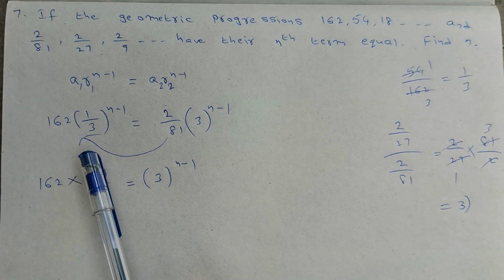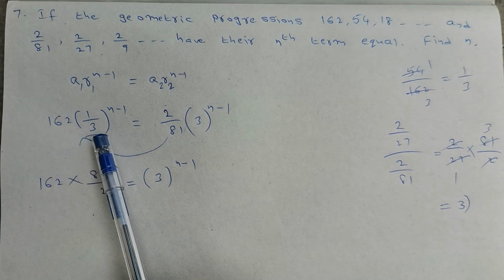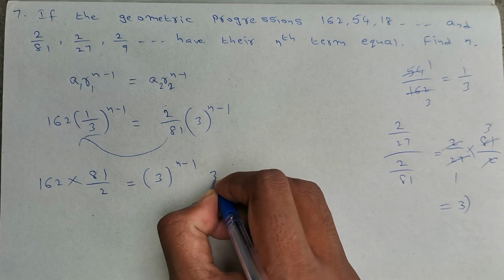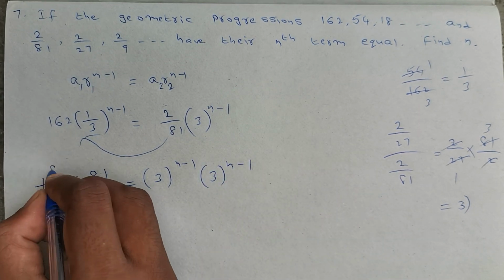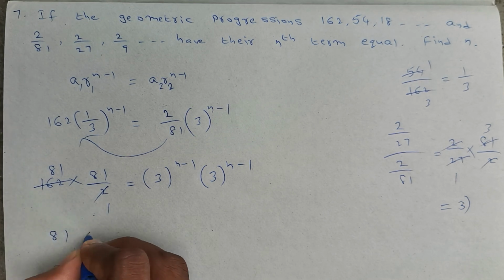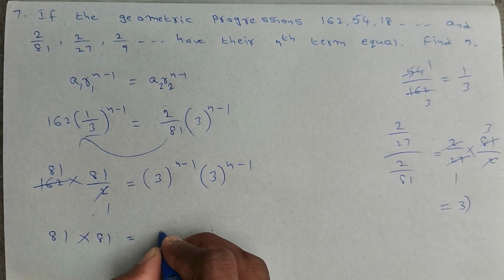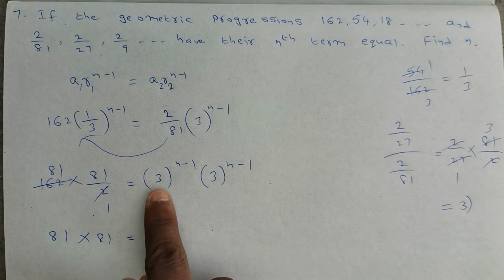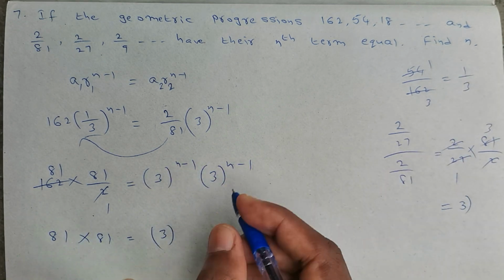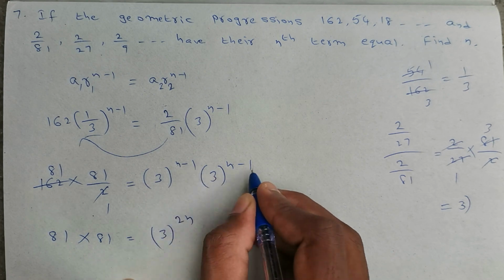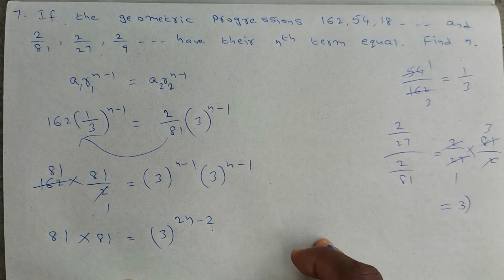So here 1 by 3 will become the reciprocal. So we will get 3 power n minus 1. Now here 2 ones are 2, 81s are. 81 into 81 is equal to 3 power. Here both the bases are equal, so the powers are also added. n plus n, 2n minus 1 minus 1, 2n minus 2.